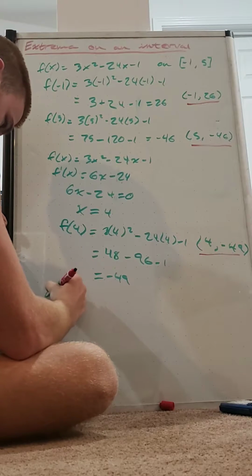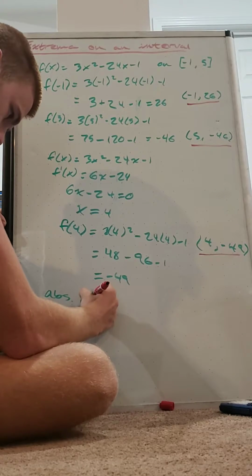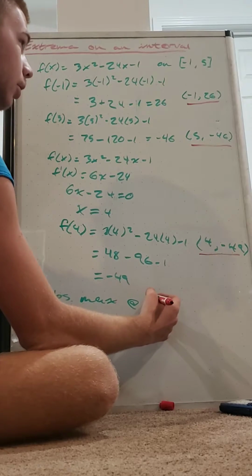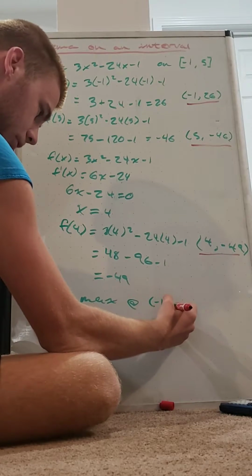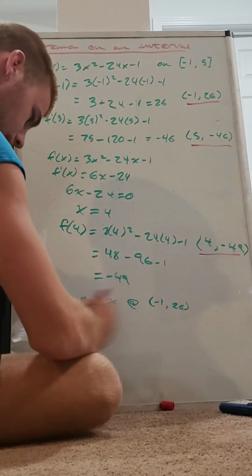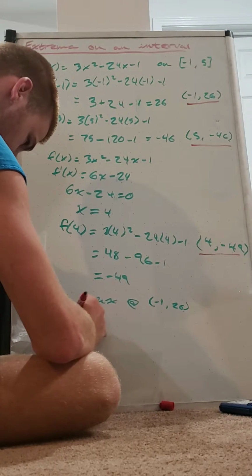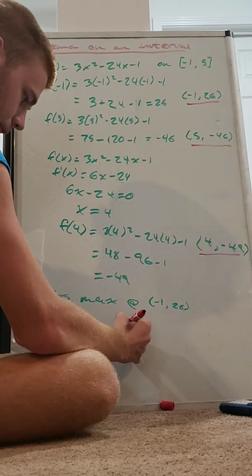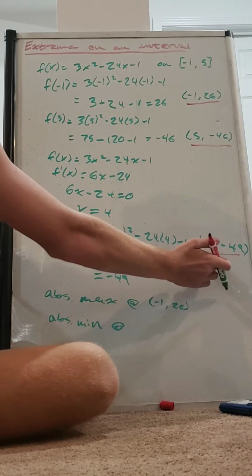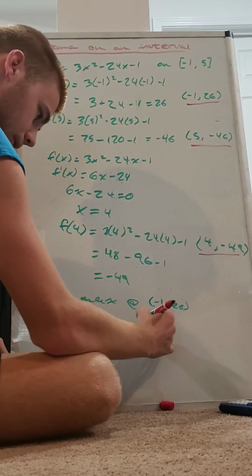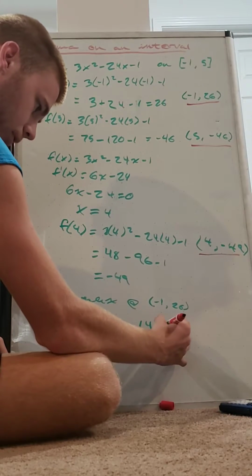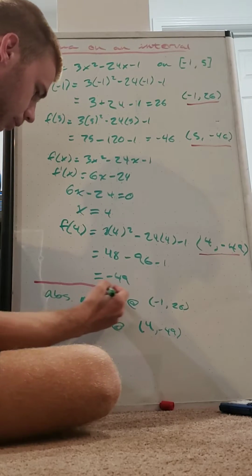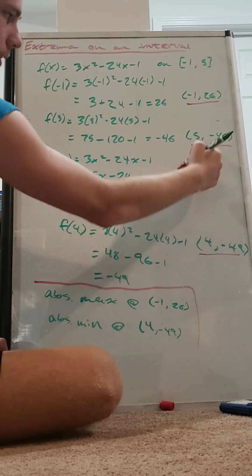So we have an absolute max at negative 1, 26, and an absolute minimum we can determine from the other two to be this point right here at 4, negative 49, because that negative 49 is less than this negative 46.